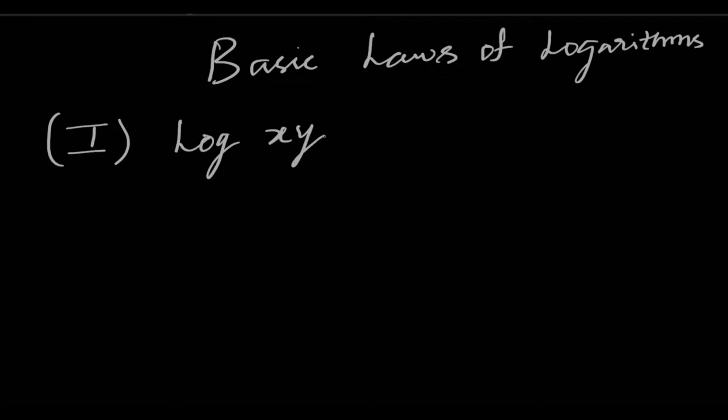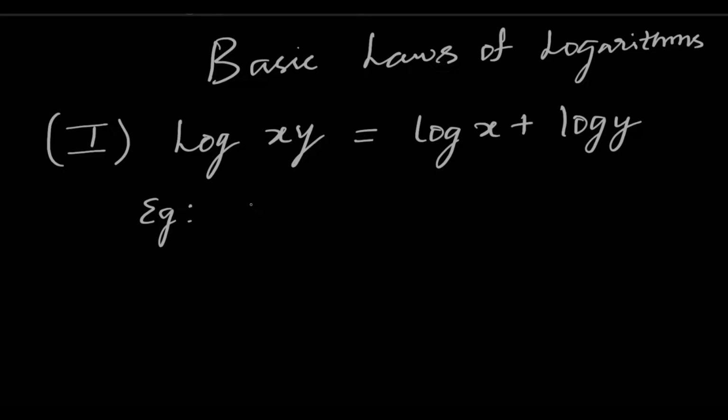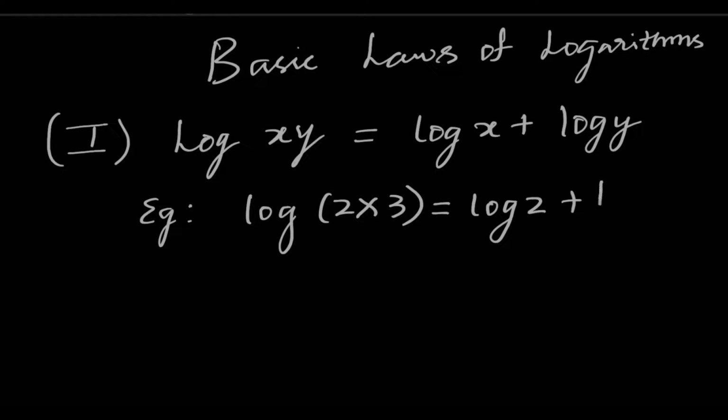Log of x into y is equal to log x plus log y. This is the first law. Example, you have log of 2 into 3. Then this can be written as log 2 plus log 3.